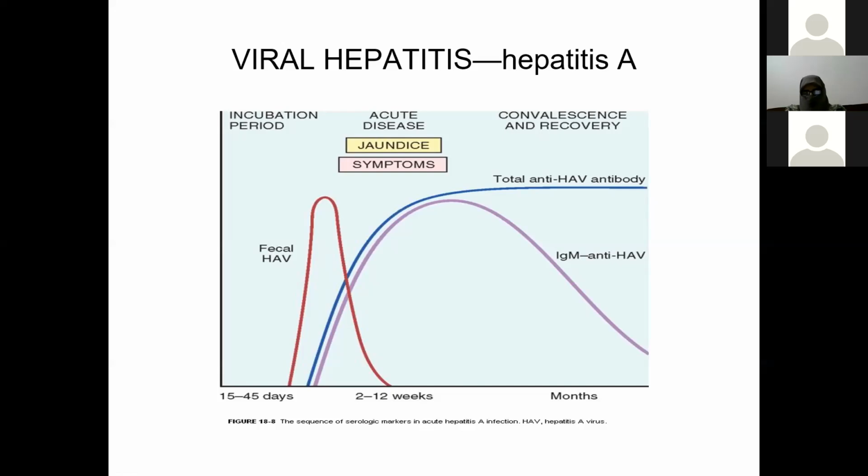So what happens when the symptoms are there, IgM level comes and we can detect IgM level, and the patient can be detected as a case of hepatitis A. और जब patient recover करने लगता है, as the patient starts recovering, the IgG also enters the blood.